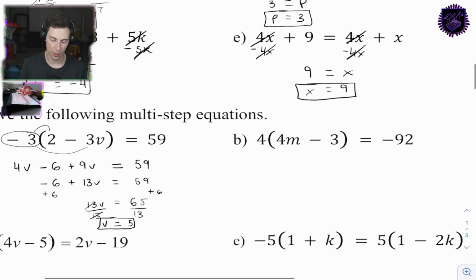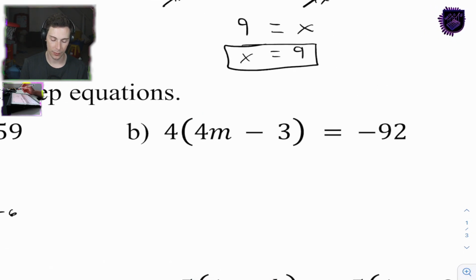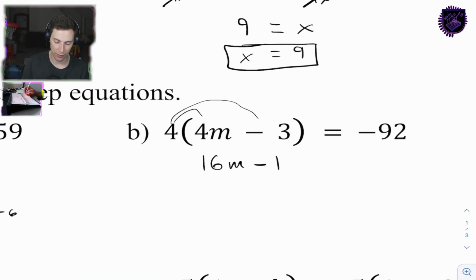Reasonable. 5b. All right, so distribute. We have 16m and 4 times minus 3, which is minus 12, is equal to negative 92. Now we want to do the opposite, add 12 to both sides.